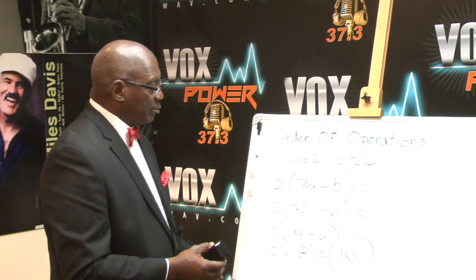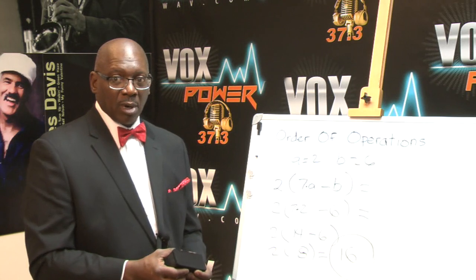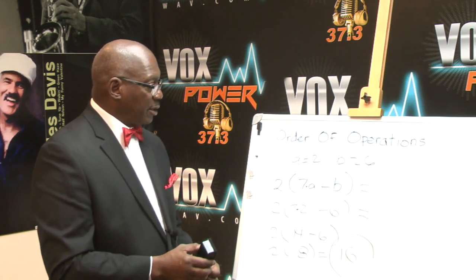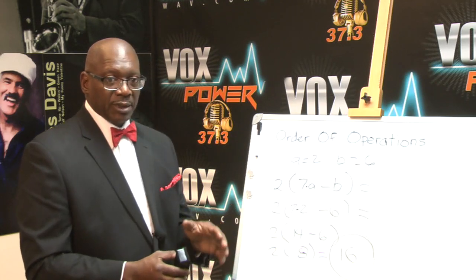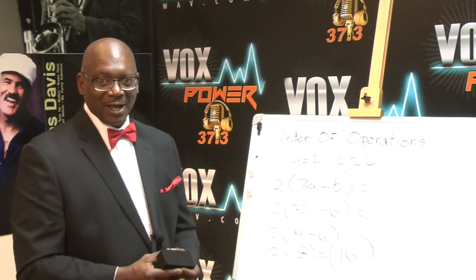Next time, we'll be getting more involved in some of our problems. They'll be more intricate, and we'll move forward as we get into quadratic equations, but that's way down the line.